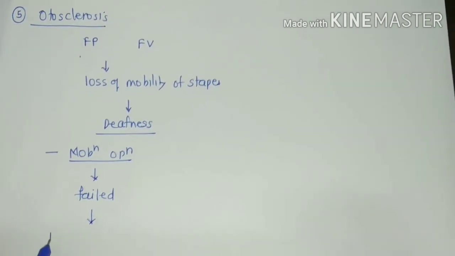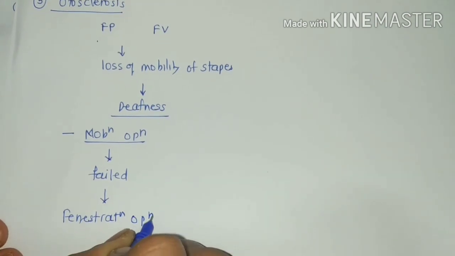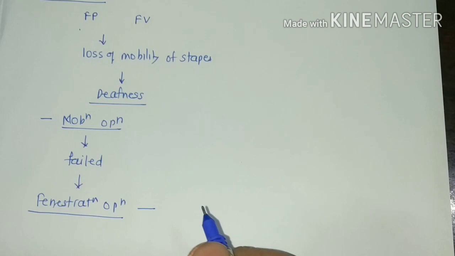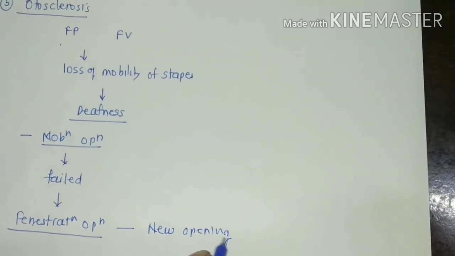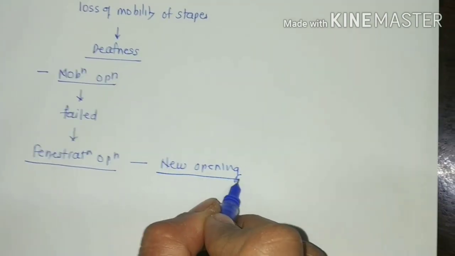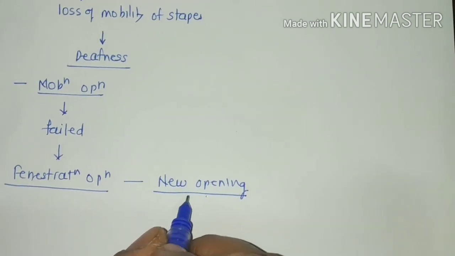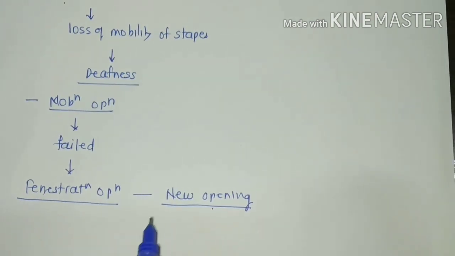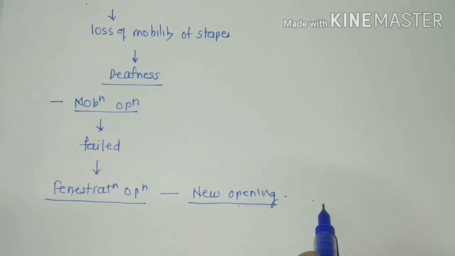Our second option is the fenestration operation, and this is done by making a new opening in the medial wall of the tympanic cavity, and this newly formed opening is then covered by a skin flap from the external acoustic meatus, and then through this opening sound waves are transmitted to the internal ear.